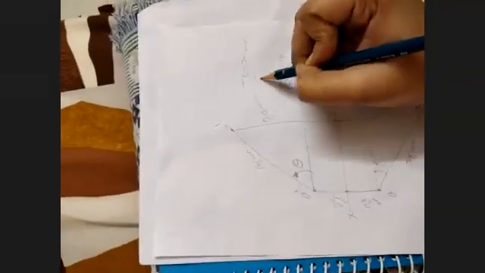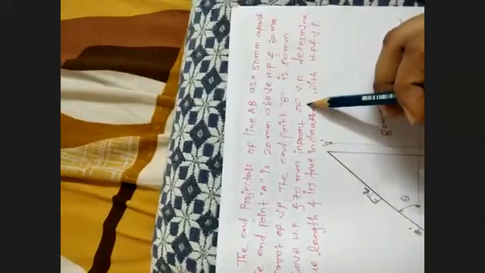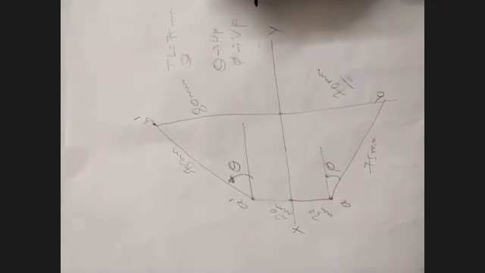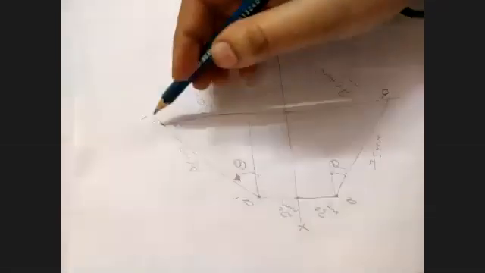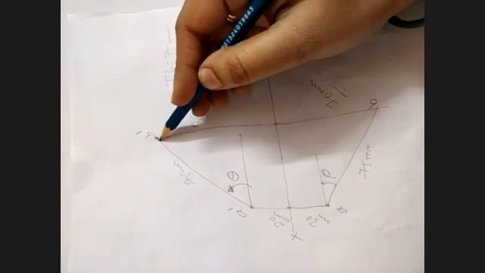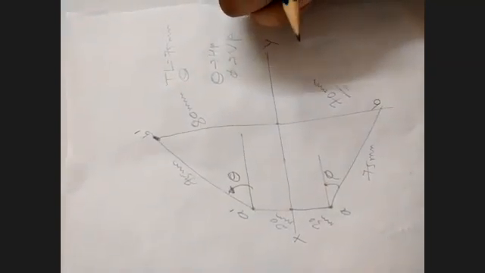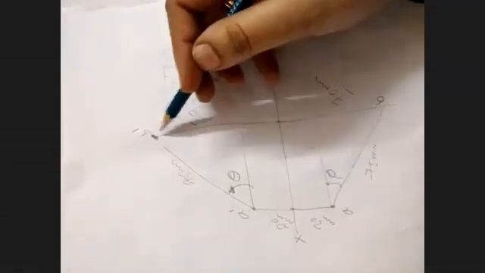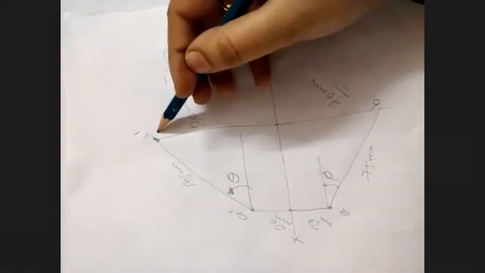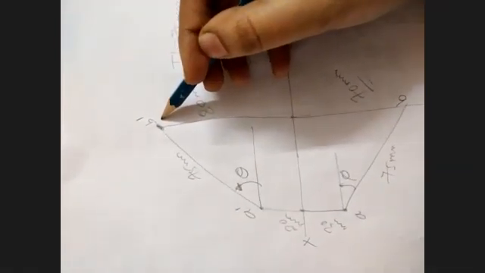After they asked the true length, can we take any length, ma'am? No, they are mentioned 80 mm from HP and 70 mm in front of VP. From this point you have to take like this. In the reference point we will draw 80 mm. That point we can take from anywhere, na?